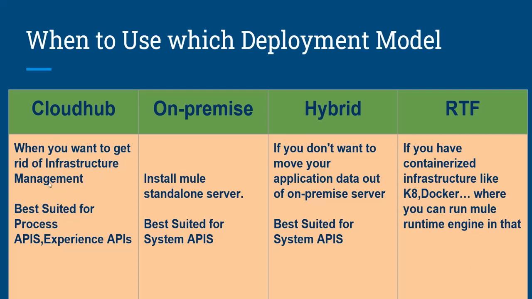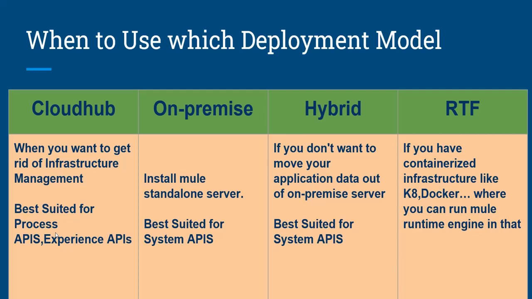And these are a few more things. When you want to get rid of infrastructure management, like if you already have an infrastructure team but you want to remove it, in that case you can select the Cloudhub model. You can get rid of the team, right? This Cloudhub deployment model is best suited for process APIs and experience APIs, which communicate more with external users.